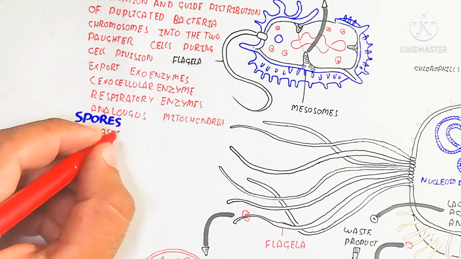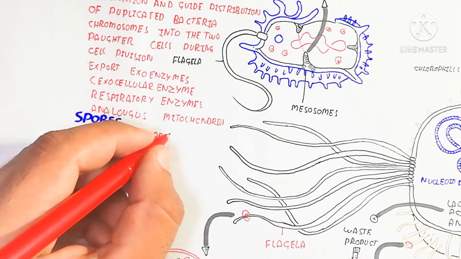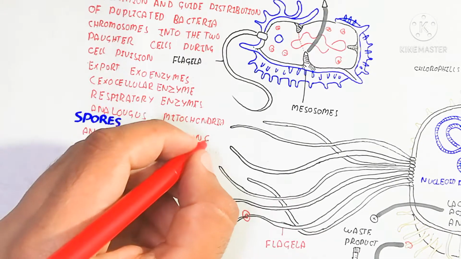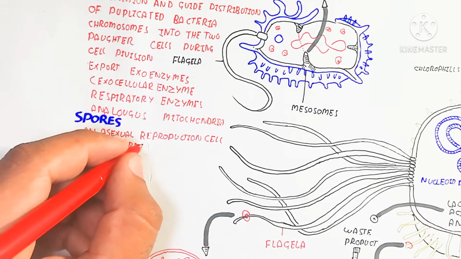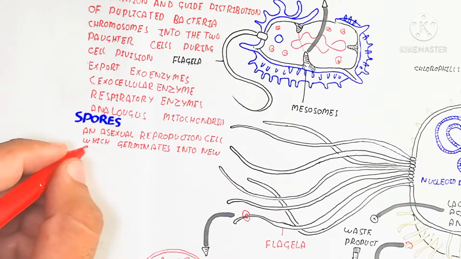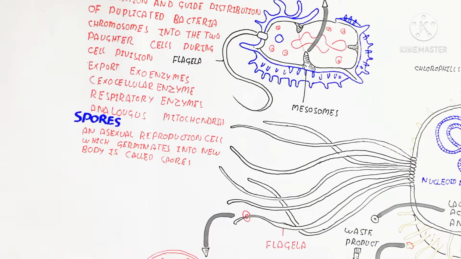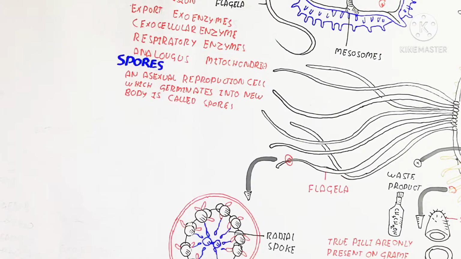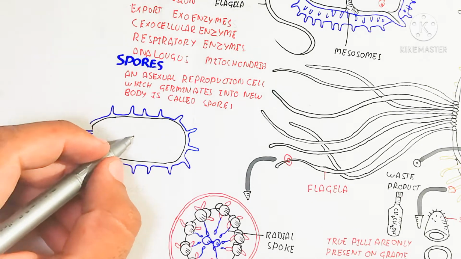Spores are produced during unfavorable environmental conditions for the bacteria, while germination of the spore occurs during favorable conditions. Here is a bacterium which contains an endospore.